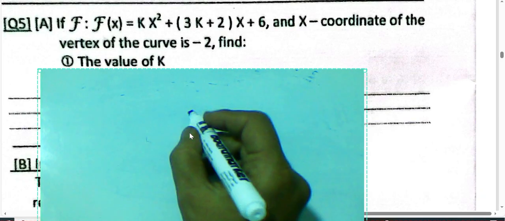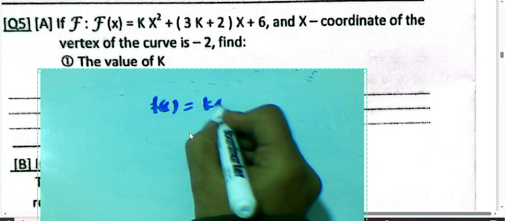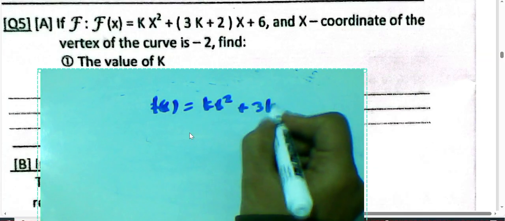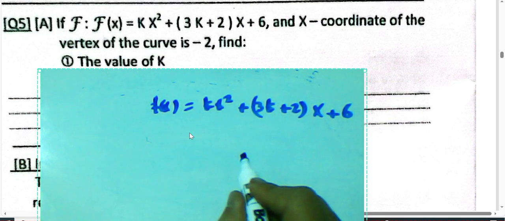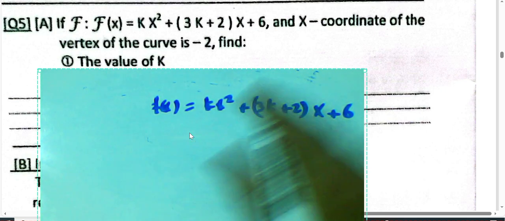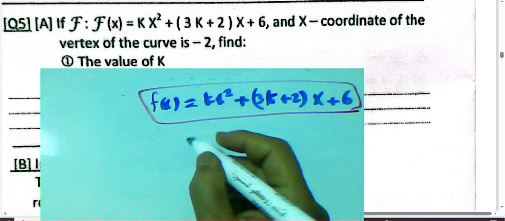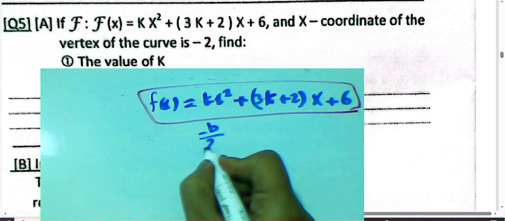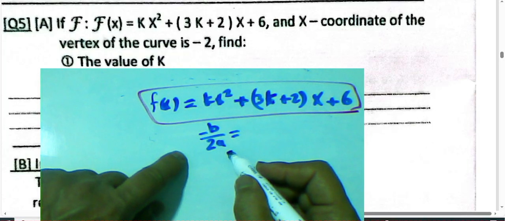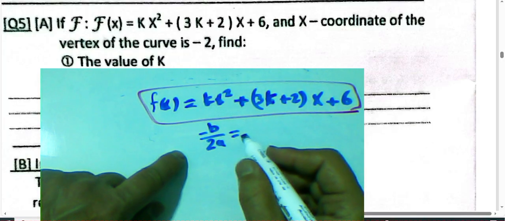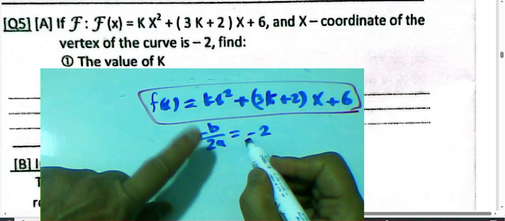Look at this: f of x was equal to kx power 2 plus (3k plus 2) product by x plus 6. The coefficient of x power 2 equals k here. You know the vertex of any curve will be negative b over 2a. He gives me the x coordinate of the vertex of the curve, it will be -2, then negative b over 2a equals -2. He gives me this information.